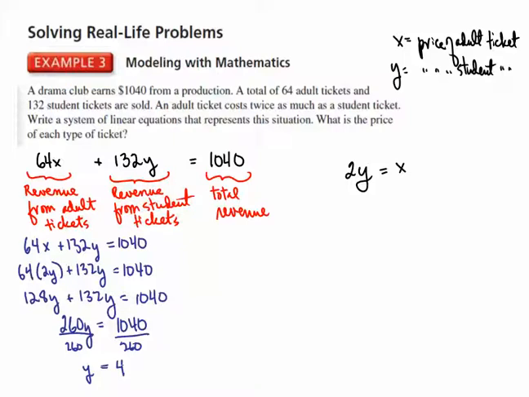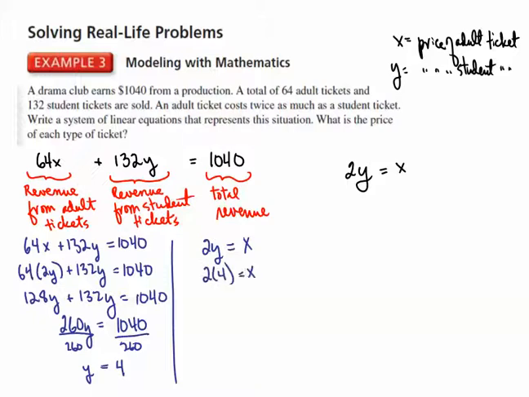So we know that y is 4. Now we've used the first equation here. Now we're going to use the second equation to solve for x. And we know that 2y is equal to x, but y is equal to 4.